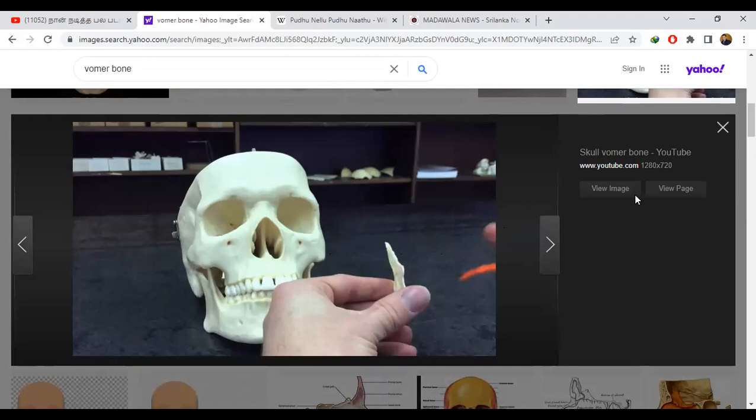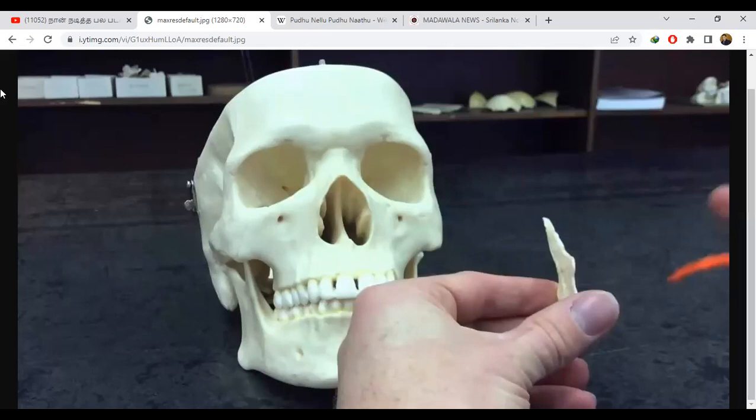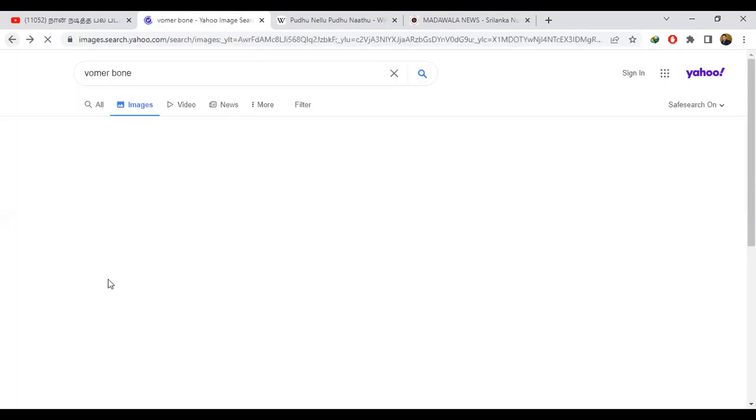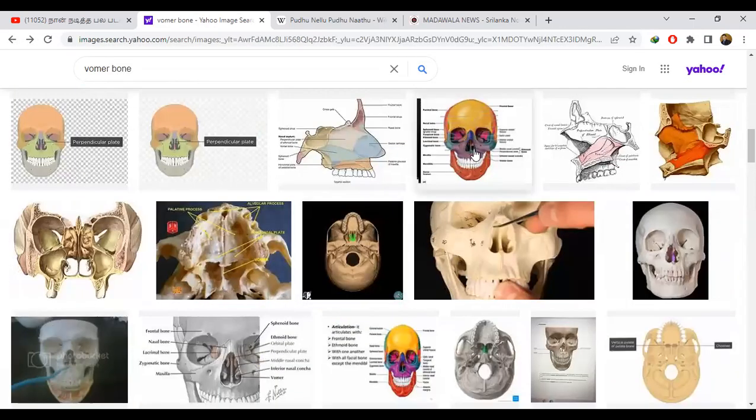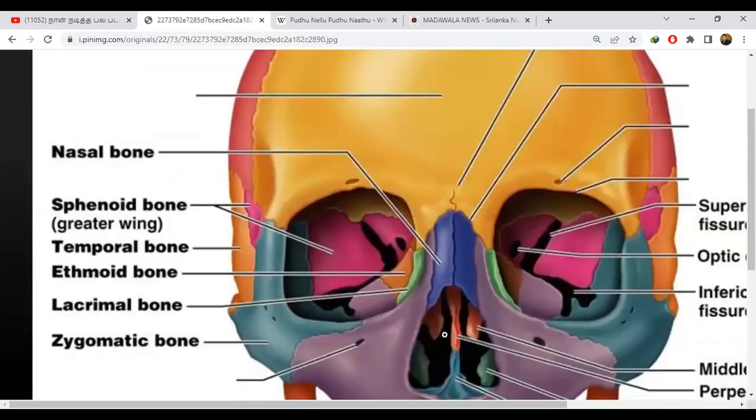Now what he has in his hand, by removing the vomer, that is the vomer bone. Sometimes in the skull you can see that one.